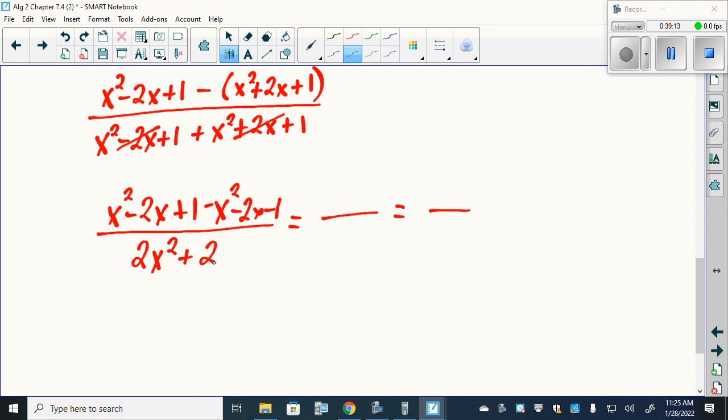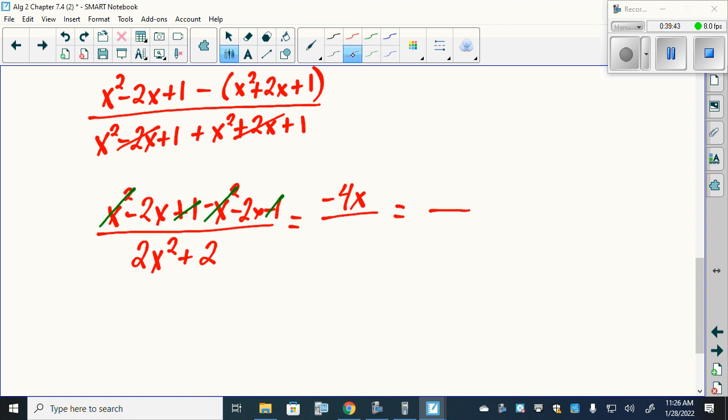Now the numerator, I have x squared minus x squared. 0. Those are gone. Negative 2x minus 2x is negative 4x, yes? I took up all the space in that numerator, didn't I? But our last one is 1 minus 1. Okay, that worked out just fine, didn't it?